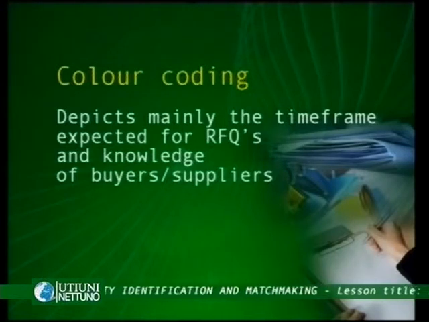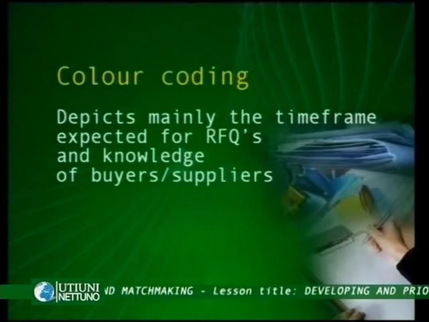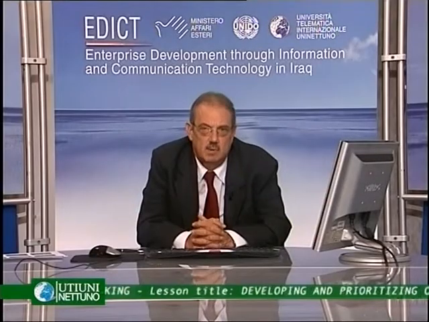So what did we do? We went further and we said, let us color code, just to make it easier, because we all know that human beings think in pictures and colors. And this is something that we devised to make it easier and at a glance to see what the priorities are and how we can manage these priorities.